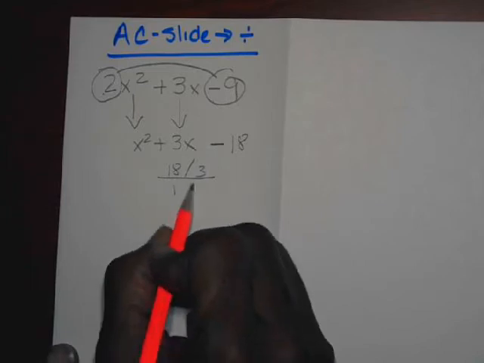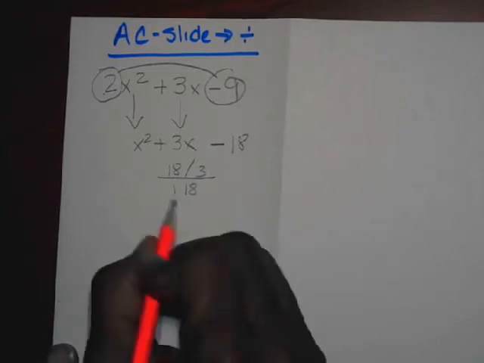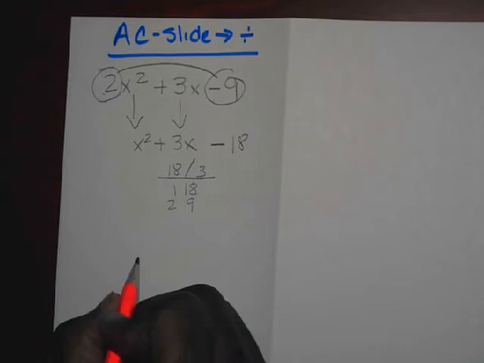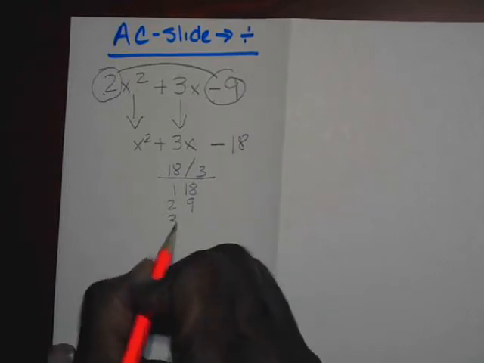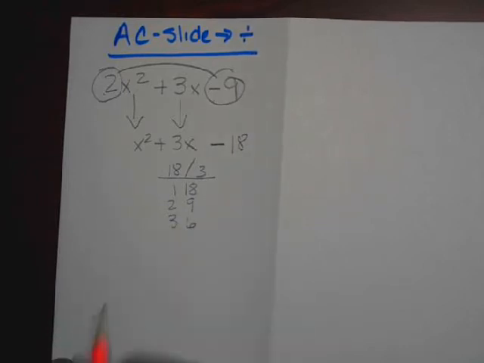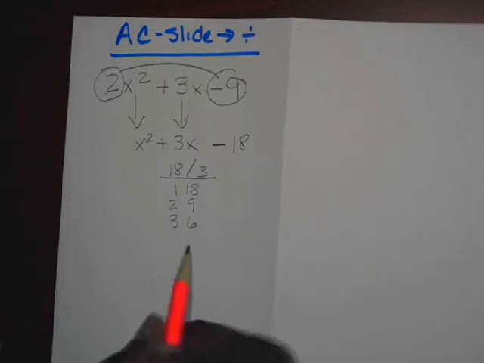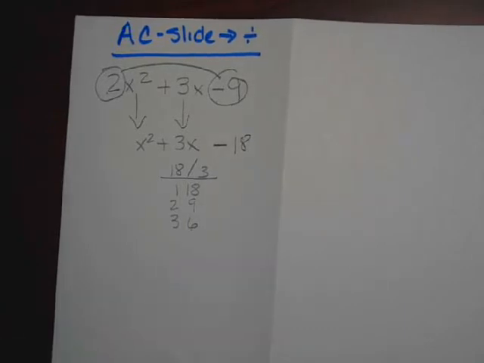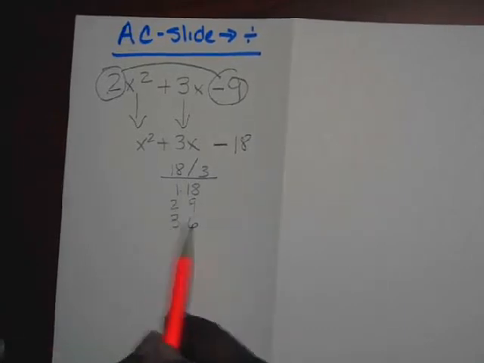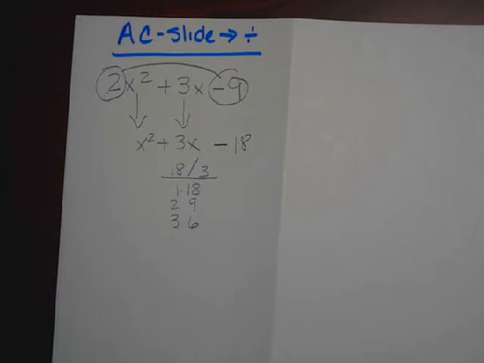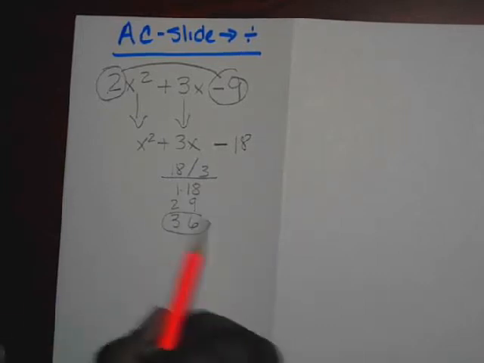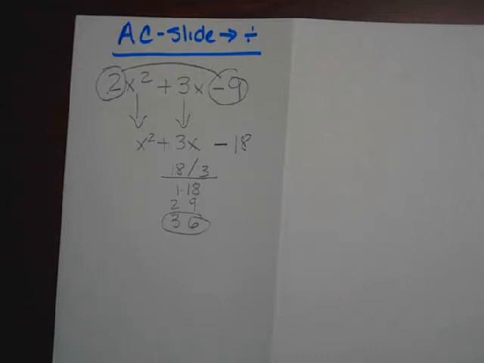So 1 times 18 is 18. 2 times 9 is 18. 3 times 6 is 18. 4 doesn't go into 18 evenly. 5 does not go into 18 evenly. 6 goes into 18 evenly, but we already have it, so we're done when we get to a number we've already written. So out of these combinations, which ones will give me a 3? Ta-da! This one will. Okay?